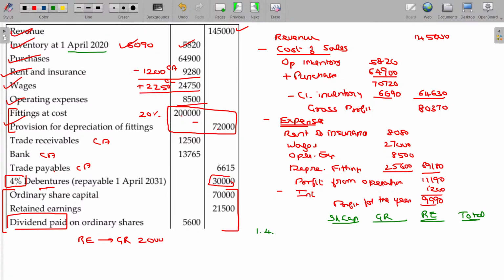So 1st April, I referred that from here. Ordinary share capital being 70,000. Retained earnings 21,500. We don't have the GR. So the total being 91,500. And current year profit for the year should be addable. Profit for the year.